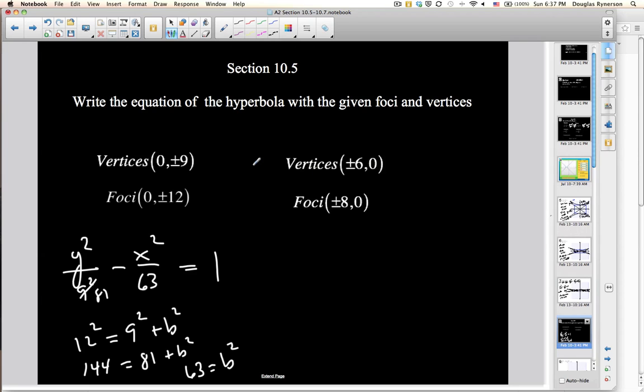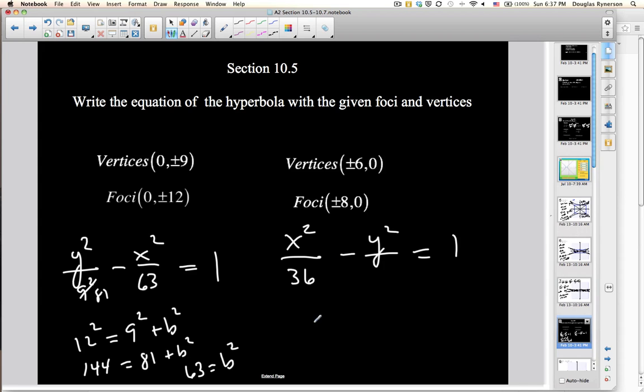This one is horizontally oriented. You see I moved 6 to the right and to the left from 0, 0. Right and left means it's going to be horizontally oriented. So I'll have x squared minus y squared equals 1. And I know this was the distance that I moved right and left, so the square of this goes under x.